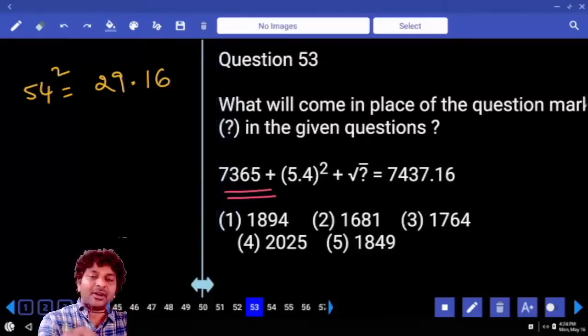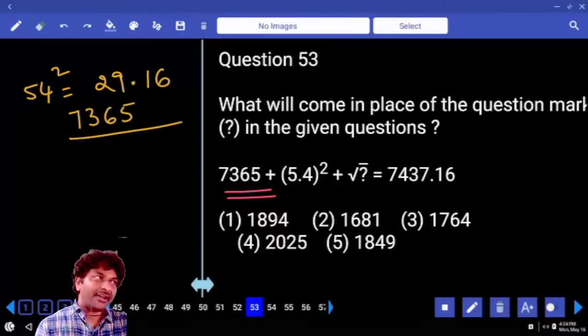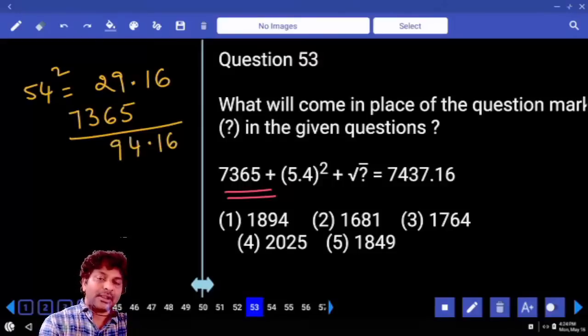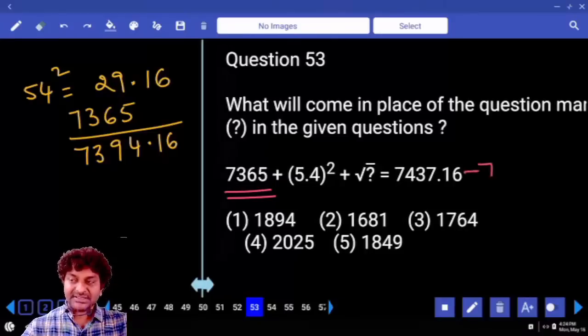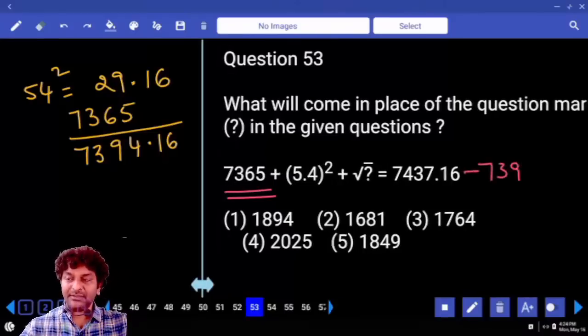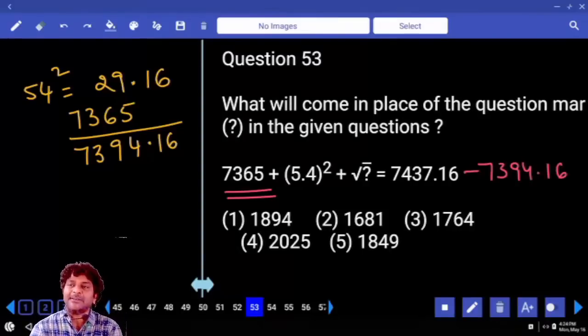So on the left hand side we already have 7365. To that we are adding 5.4 whole square. So that is 164,973. Correct? If this goes to the right hand side, it becomes minus 7394.16. After the decimal, 0.16 gets cancelled. Correct?